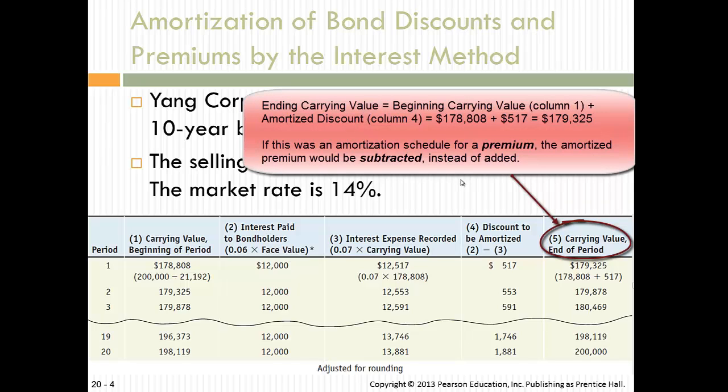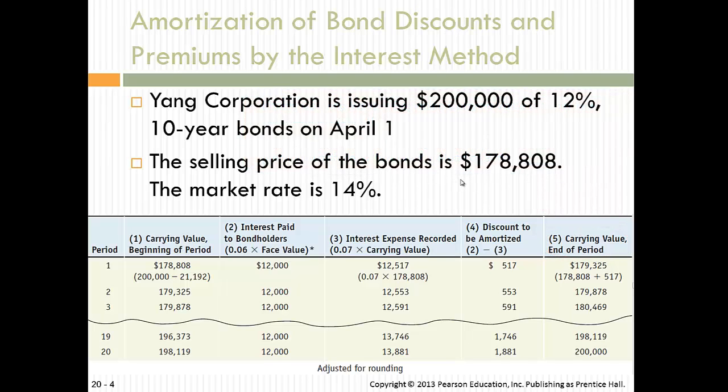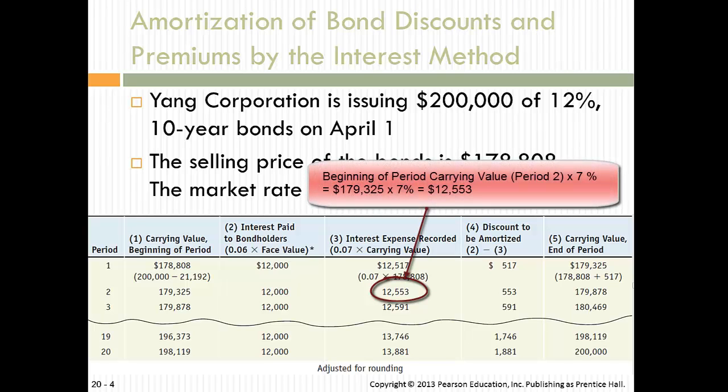Let's look at the second period. The ending carrying value of period 1 becomes the beginning carrying value of period 2. The interest paid to bondholders remains the same at $12,000. Interest expense is calculated as 7% times the beginning carrying value of that period, which is $179,325.